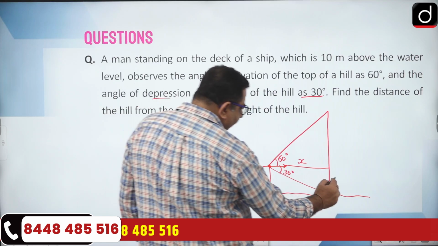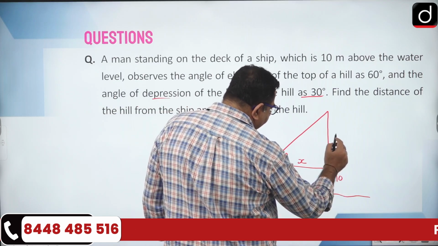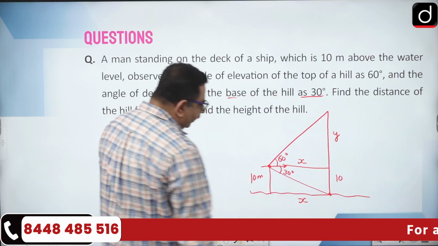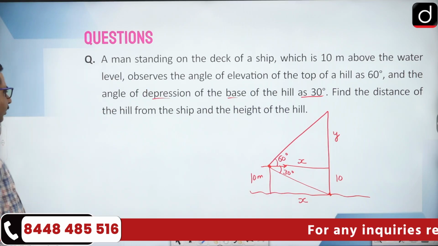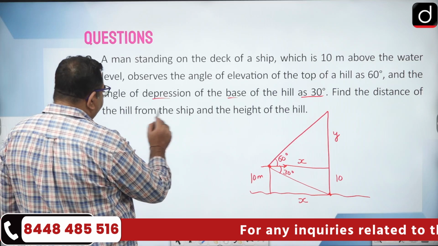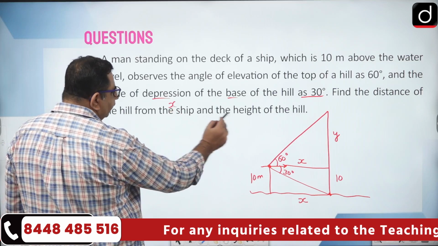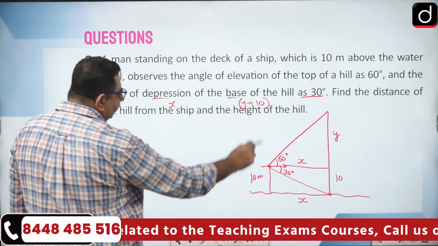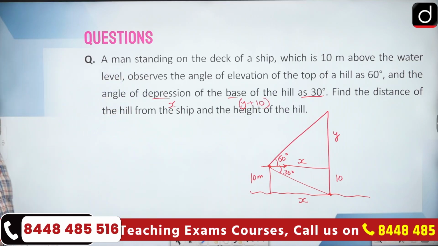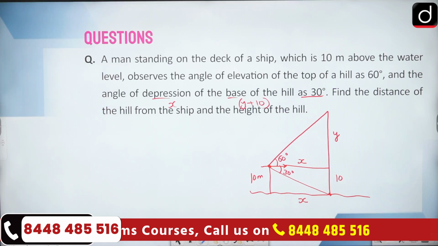This is 10, this is 10, and let's say this distance is y. What we are supposed to find, the distance of the hill from the ship, that is x, and the height of the hill. Height of the hill is y plus 10. So ultimately we have to find x and y both.